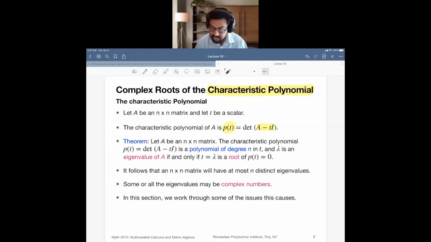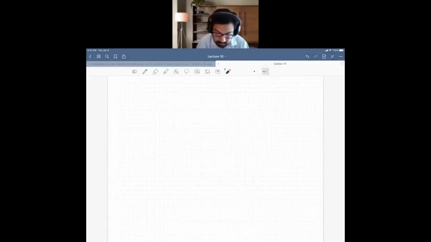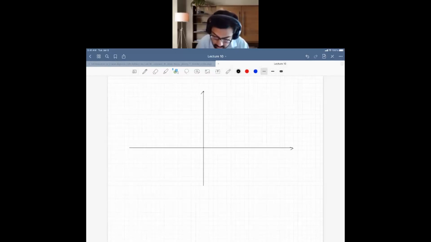So if we quickly sketch something, on the x-axis we have t, and on the y-axis we are sketching the characteristic polynomial p of t.